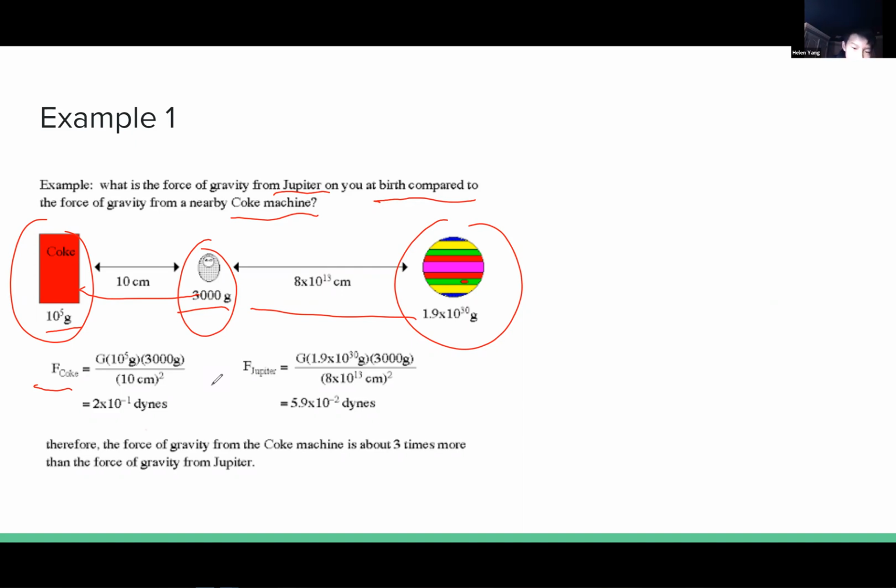And if you want to find the force for Jupiter, you would do G times 1.9 times 10 to the power of 30 grams times your weight, which is 3,000 grams, divided by the distance, which is 8 times 10 to the power of 13 centimeters squared. And the force of gravity is larger for you from the Coke machine because you're closer, so the force is stronger.